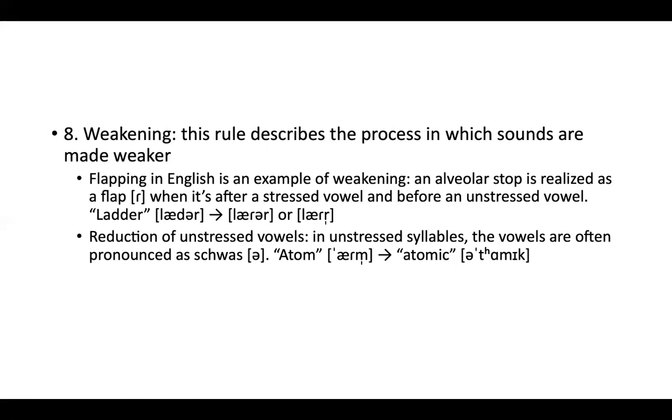But in the word atomic, the stress changed from the first syllable to the second syllable in the word. And so the ash is reduced to a schwa. So instead of saying atomic with the ash, we say atomic with a schwa. Okay. These are the phonological rules.